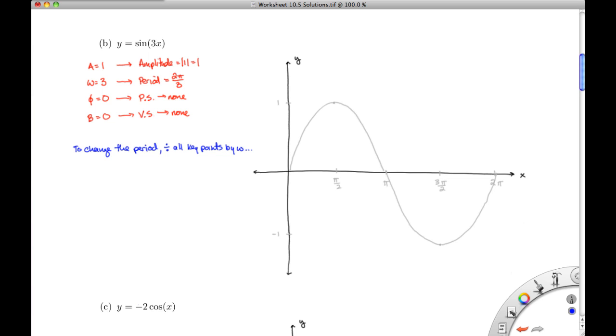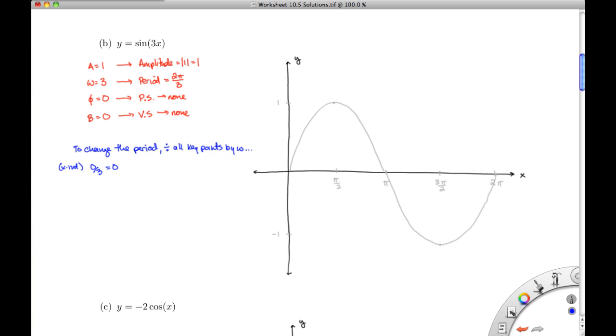For example, the key points will be the intercepts, the maxes, and the mins for the sine. We'll start with one of our x-intercepts. The x-intercept of 0, we're going to take 0 and divide that by 3. That's going to give us 0, so that's not going anywhere.